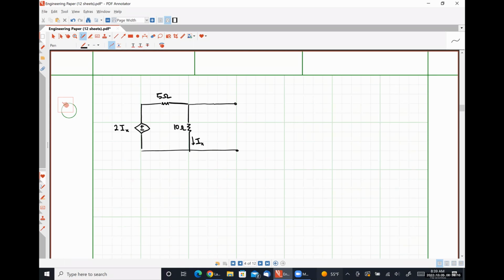And so what I mean by that is we have a quantity here, IX, flowing through the 10 ohm resistor that is effectively going to be in parallel with our test source.